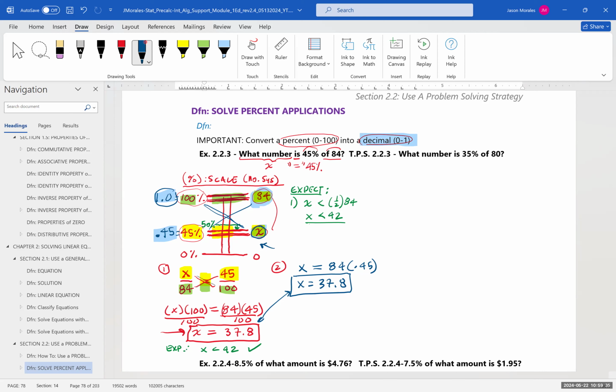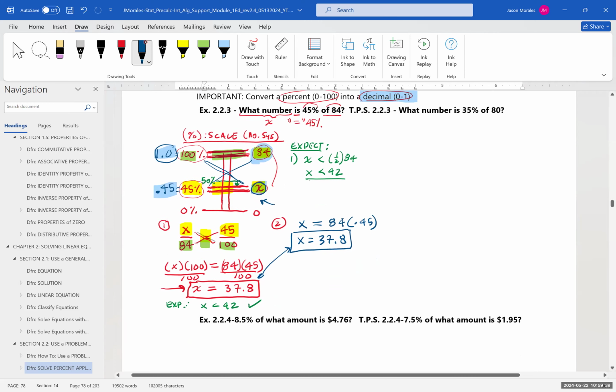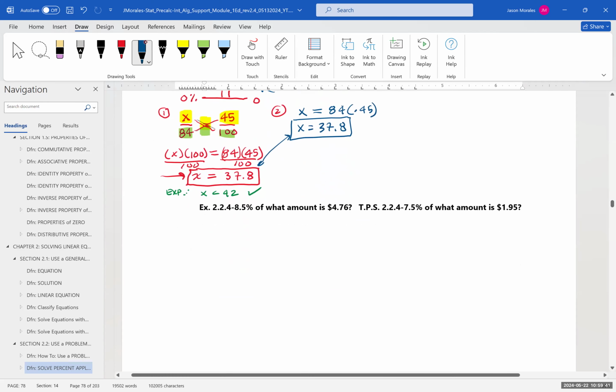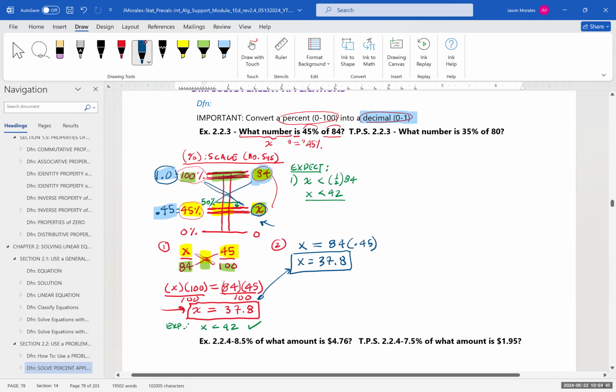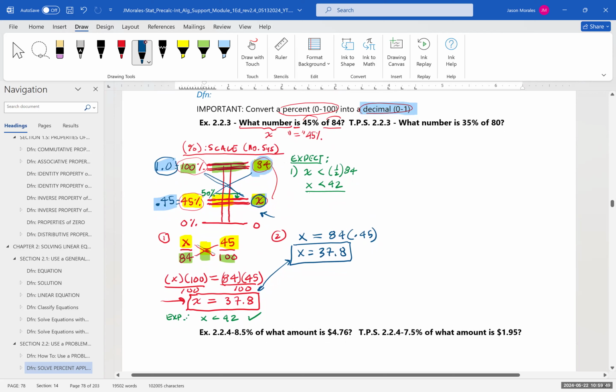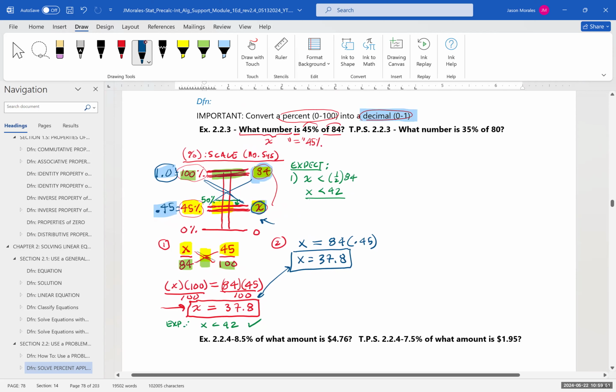I will come back to this think, pair, share in a moment. Let me just keep going with the next example. Actually, no. Let me give you this think, pair, share answer. The answer to this one should be x equals 28.